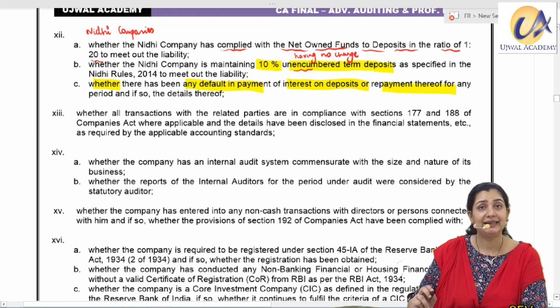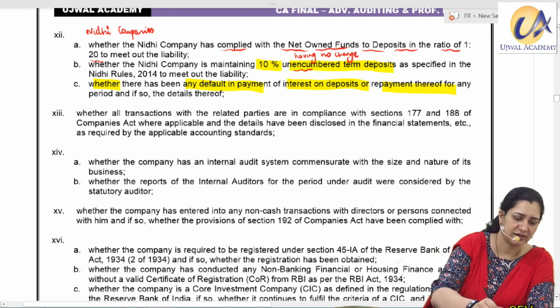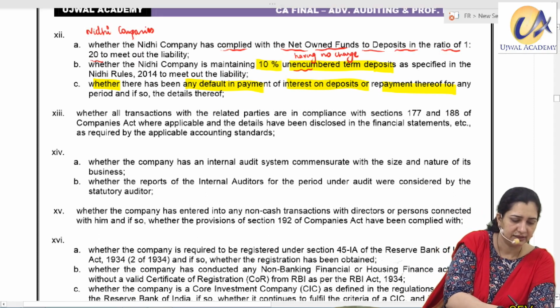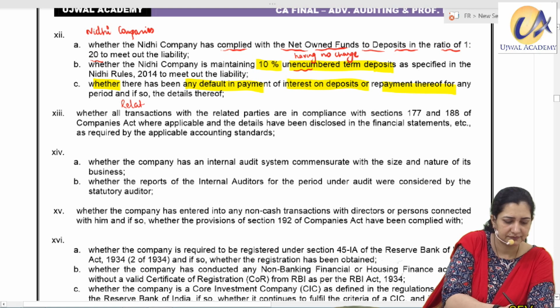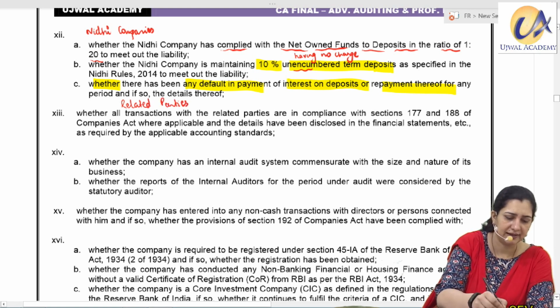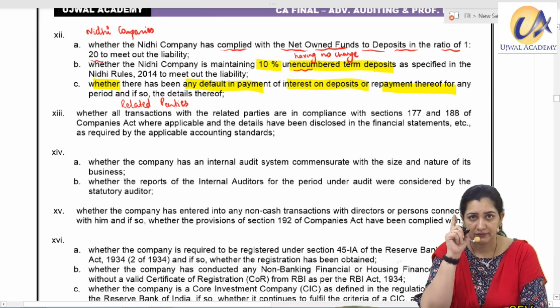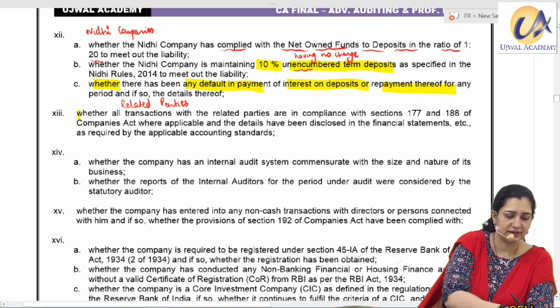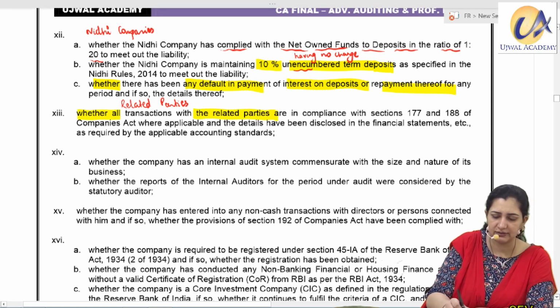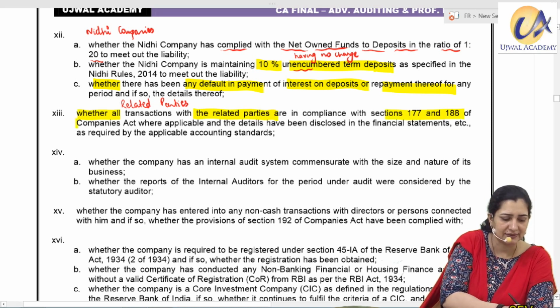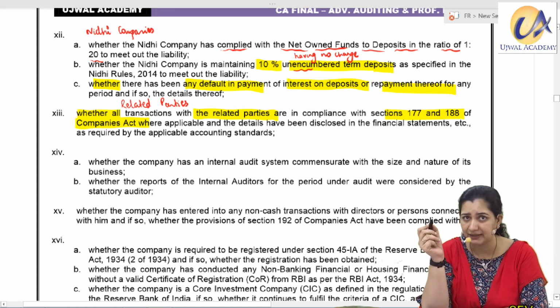Then N, then comes R. What is R? Point number 13: related parties. NRI, related parties. So what do we have? Whether there are transactions with related parties, and whether there is compliance with sections 177 and 188 of the Companies Act.